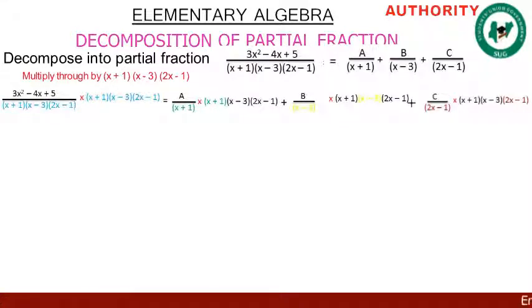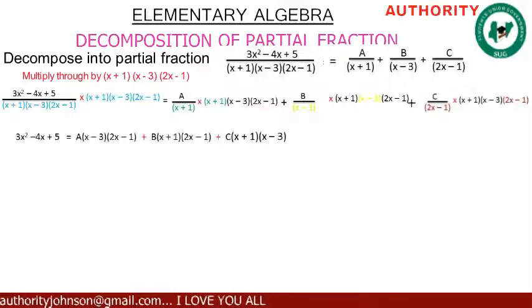Okay, now let's go. On the left hand side, the denominator, we can simply cancel the number we were asked to multiply with, so we'll be left with 3x² − 4x + 5. On the right hand side, for A we cancel x + 1, so we'll be left with A(x − 3)(2x − 1). For B, we cancel x − 3, so we are left with B(x + 1)(2x − 1).